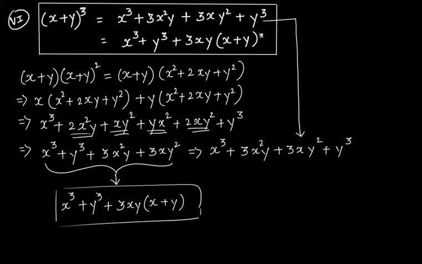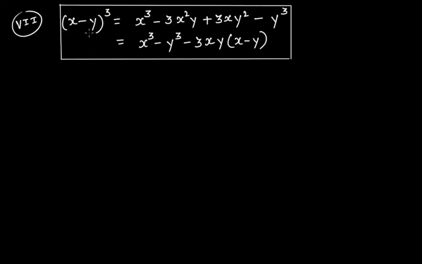Okay. Now, similarly, you have x minus y whole cubed is equal to x cubed minus 3x squared y. Remember it. It's minus 3x squared y, but it's plus 3xy squared and then minus y cubed. Right?